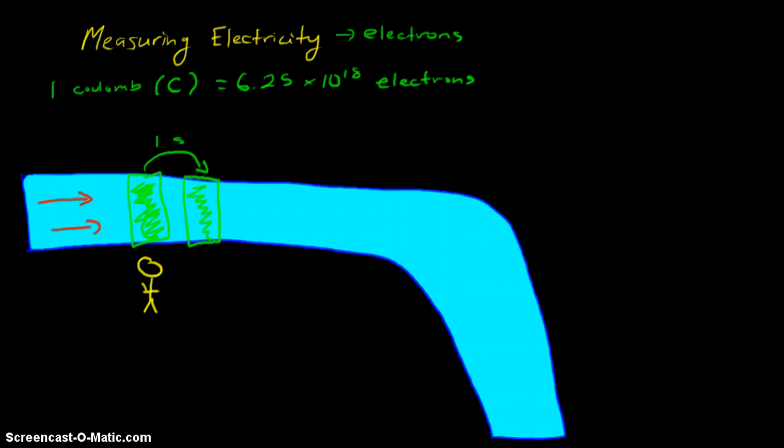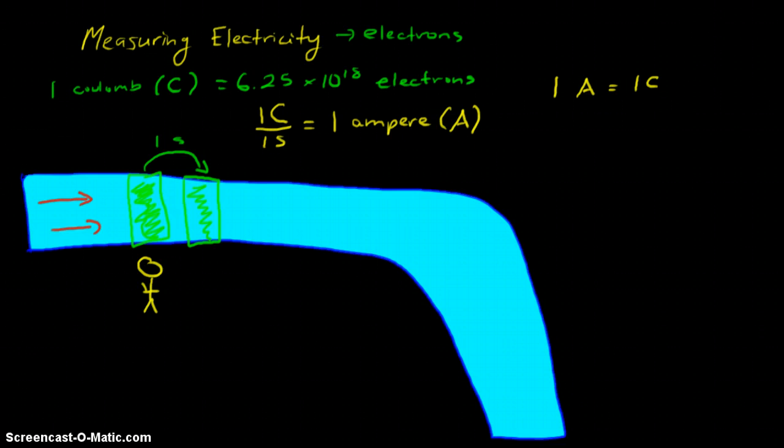It just so happens when we're talking about electricity that 1 coulomb of electrons moving by in 1 second, so 1 coulomb in 1 second is equal to 1 ampere, or we'll just say 1 amp. So 1 amp, that's a capital A, is equal to 6 billion electrons, or 1 coulomb of electrons moving by every second.